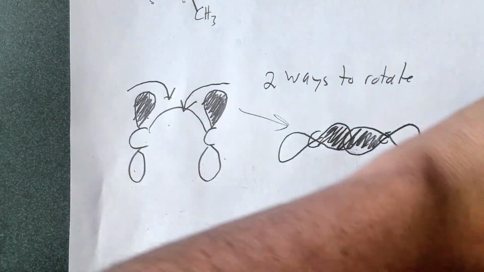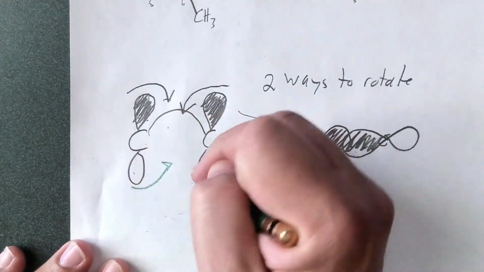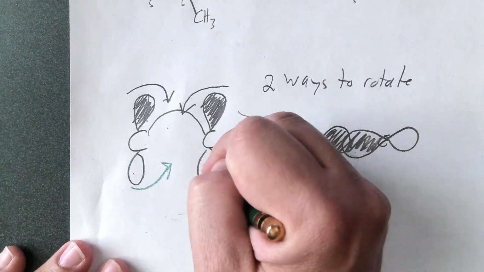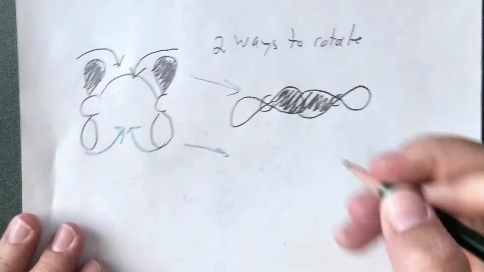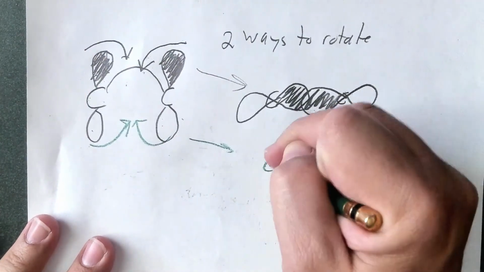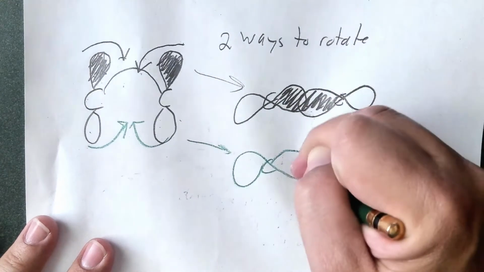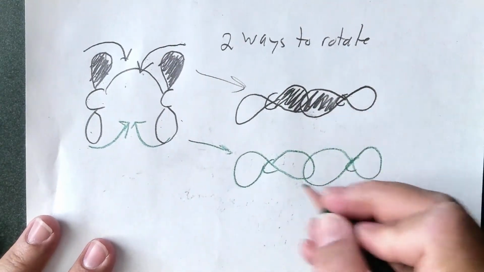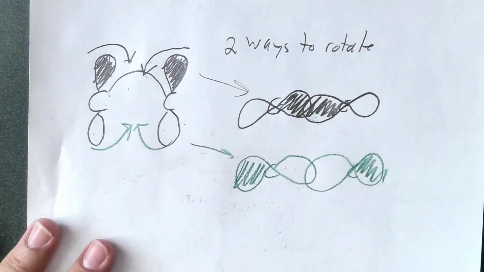The other way you could rotate is to rotate these lighter shaded lobes this way, which would lead to this arrangement. Once again, it's a really horrible overlap, but I'm just trying to get the idea across about where the two lobes are.